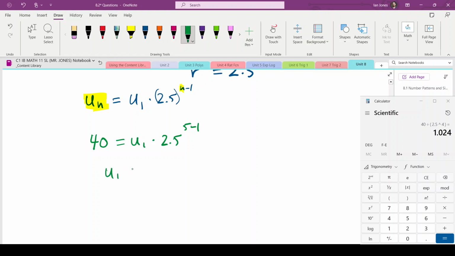So u1 is 1.024. Now I have the general form for this geometric sequence, because that's my first term, that's my r. There we are. So now I've got it, and now I can answer any question I may want.